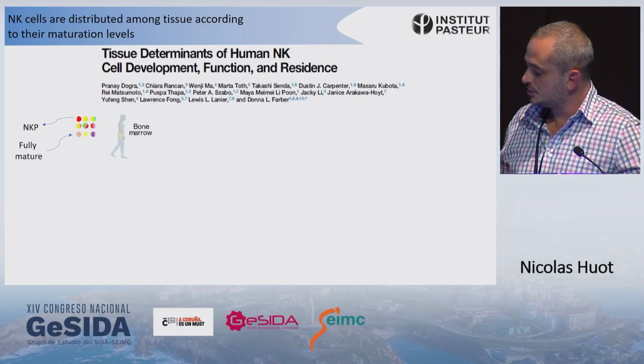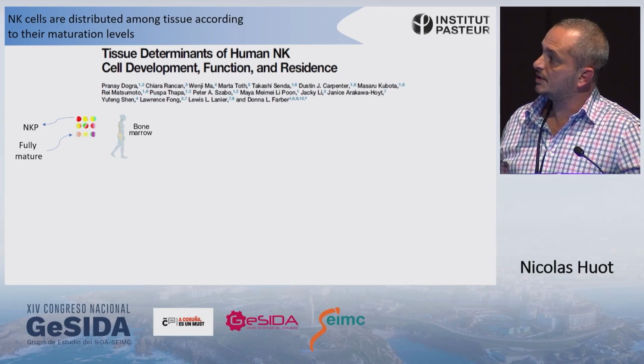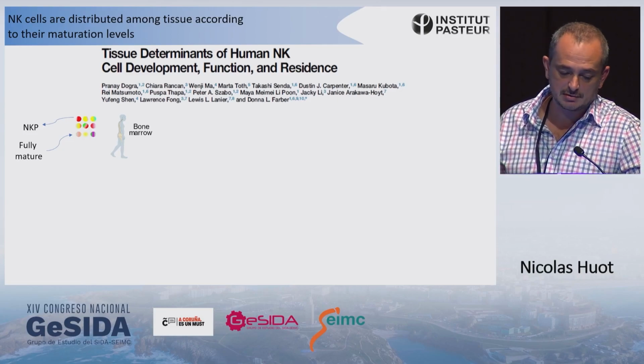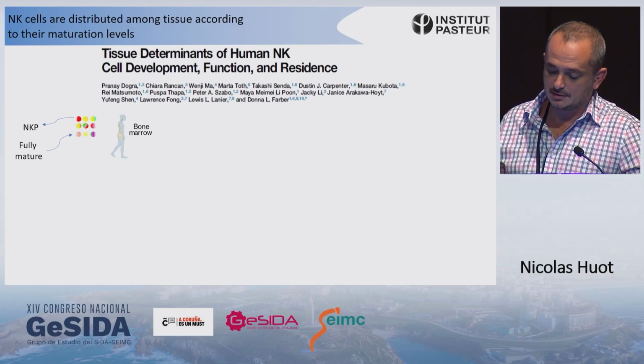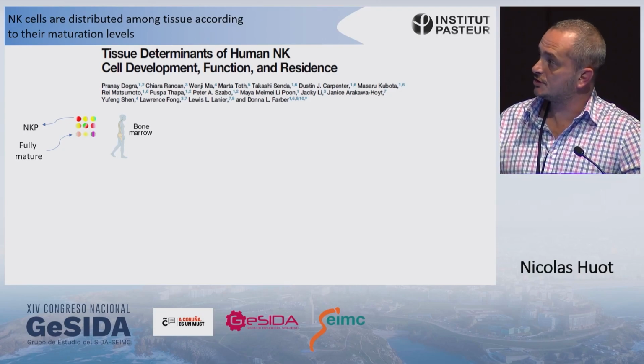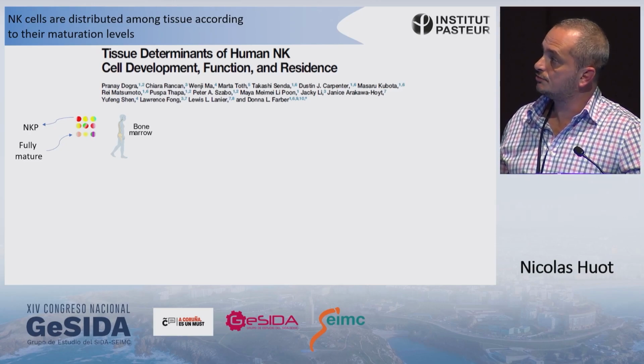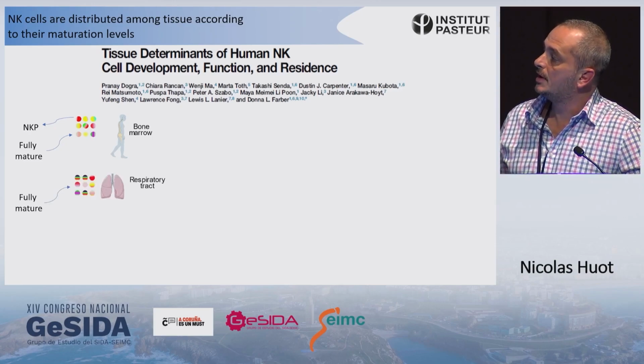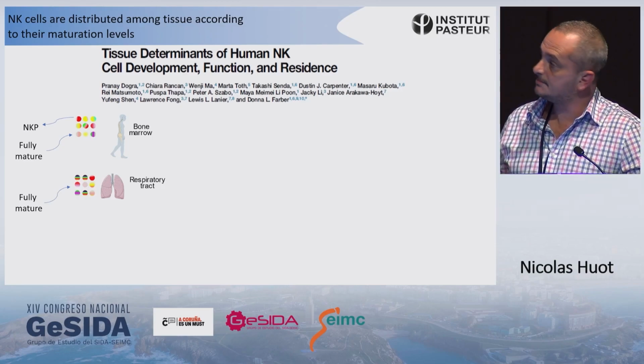And they were able to show that, in bone marrow, there are only NK cell precursors and fully mature NK cells. They were not able to find different steps of NK cell maturation, suggesting that NK cell maturation does not occur totally in bone marrow. When they looked in the respiratory tract, they found only fully mature NK cells.